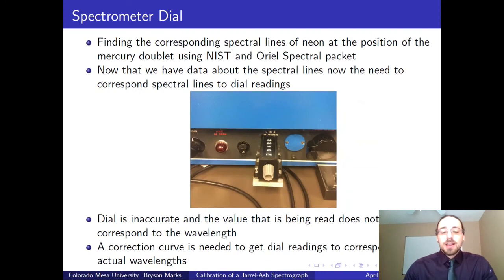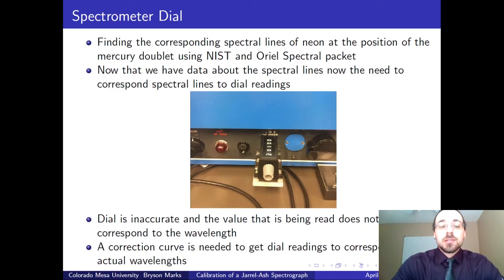So now that we have an idea about the pixel resolution and the dispersion of our spectrometer, we need to correspond diode readings to actual wavelengths. So I decided to find the wavelengths of these neon spectral lines using the National Institute of Standards and Technology website or database and the Oriel spectral packet.